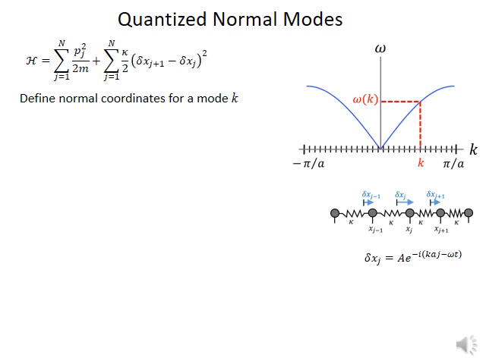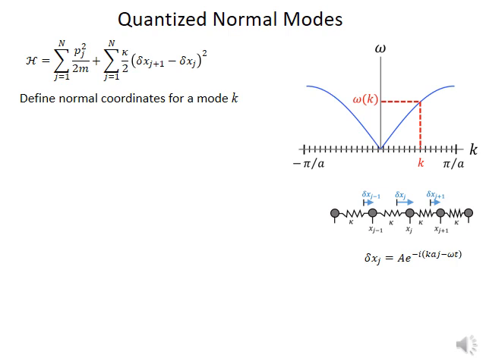We introduced the concept of normal coordinates in the lecture on normal modes. So a normal coordinate is an effective coordinate which represents a combined displacement of all the atoms or all the masses in a system for a particular normal mode, let's say K. So what would it mean here?